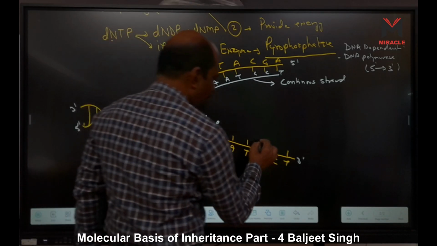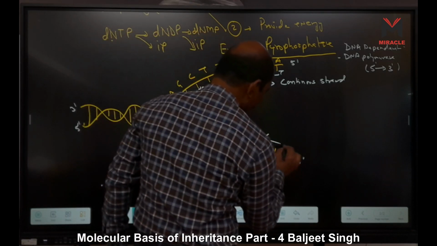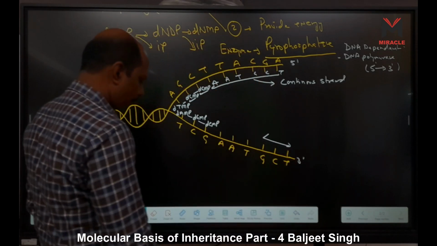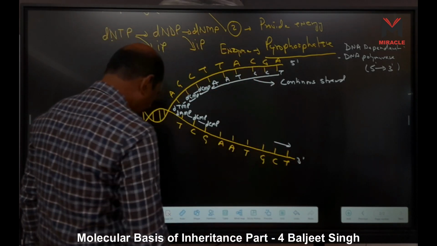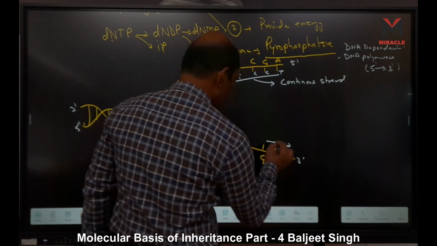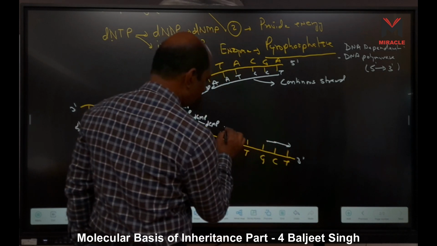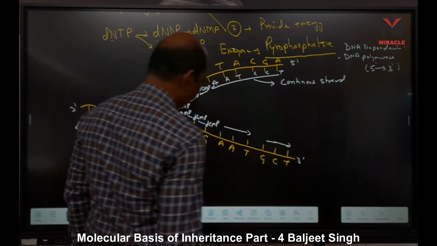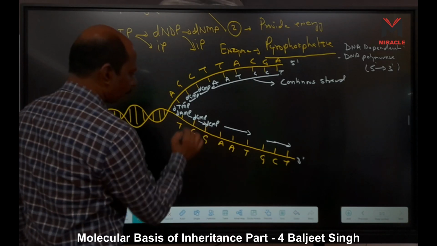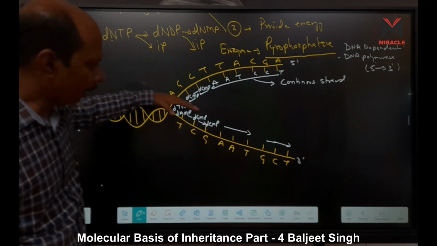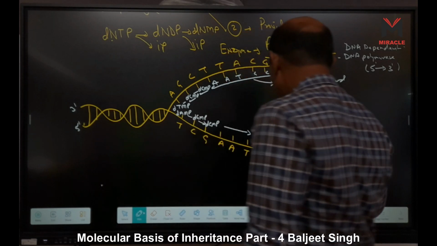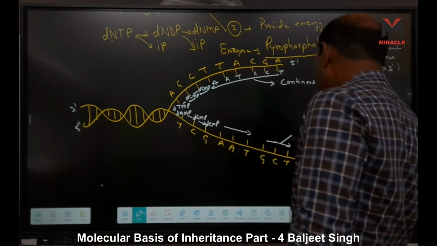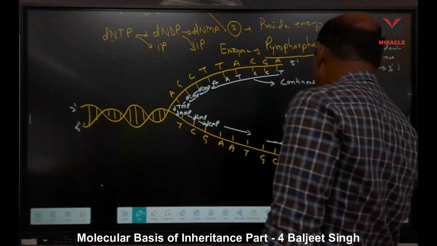So look here, when these three nucleotides are open, a small strand is formed, right? Then when these are open, another small strand is formed. So small fragments are formed here. These are the DNA fragments.